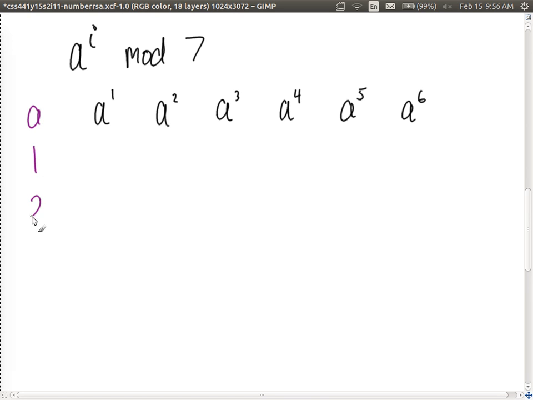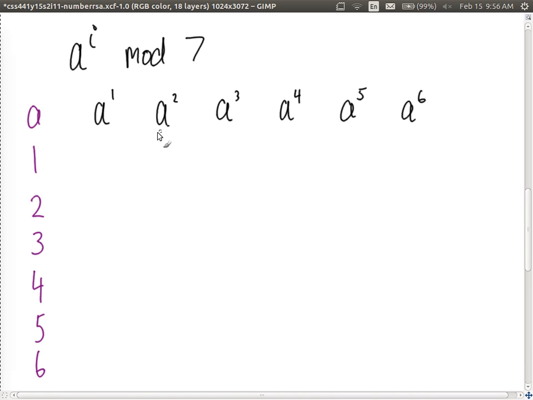We'll write it in a matrix. Find the answers of a is 1, a to the power of 1, all mod 7.